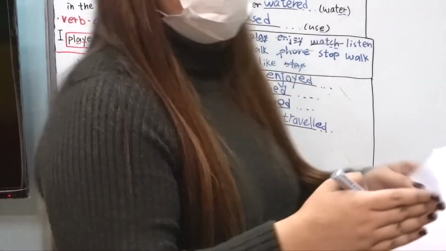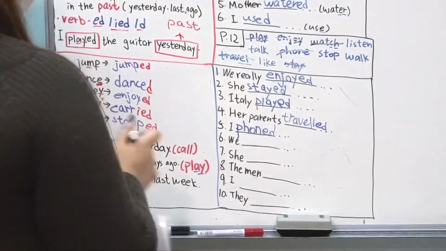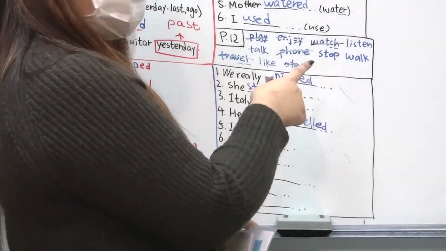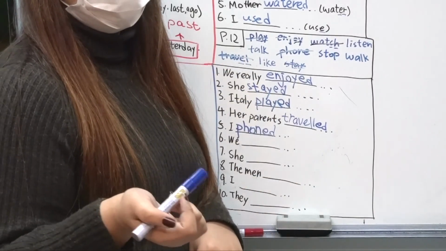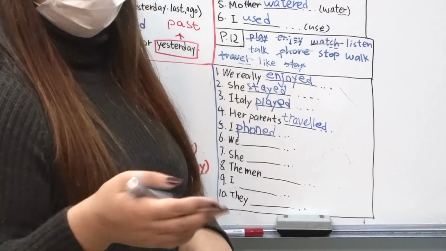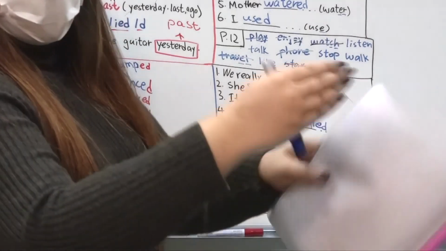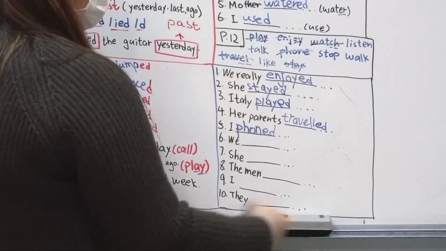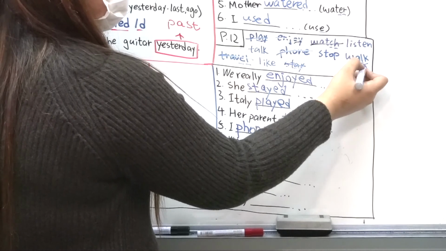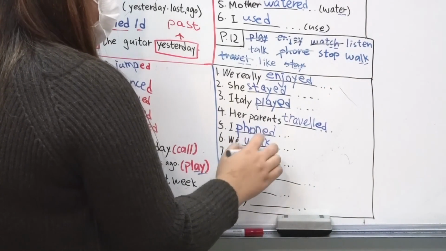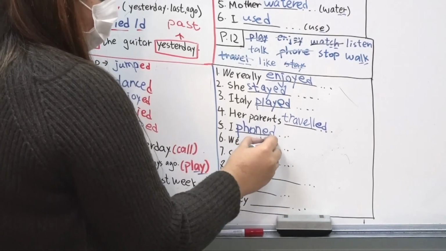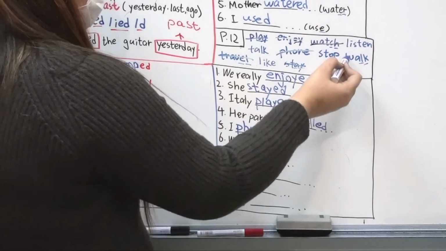Along the beach. You can listen, you can stop, you can talk, you can like, or you can walk. The proper answer is walk. You can walk along the beach, right? Walk. So walk ends with consonant. W-A-L-K. L-K both are consonants. So we just add ed. Yeah?